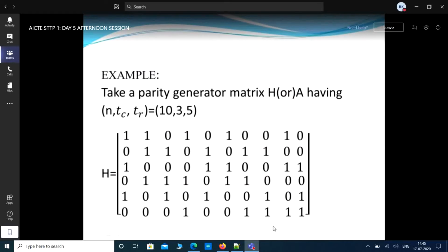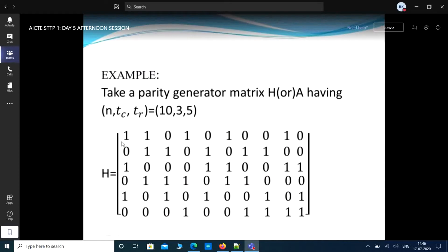In this example they have directly given the parity check matrix. Suppose the H matrix is not given: the length is 10 bits, 1 2 3 4 5 6 7 8 9 and 10, and each column contains 3 ones, the first column 1 2 3. So each column contains 3 ones, and each row contains 5 ones.